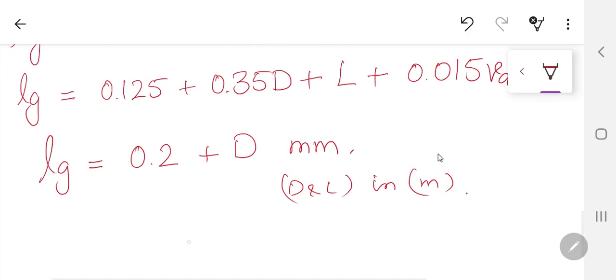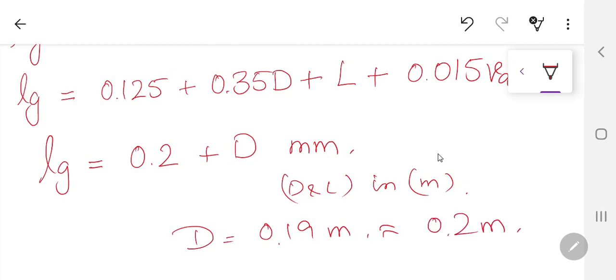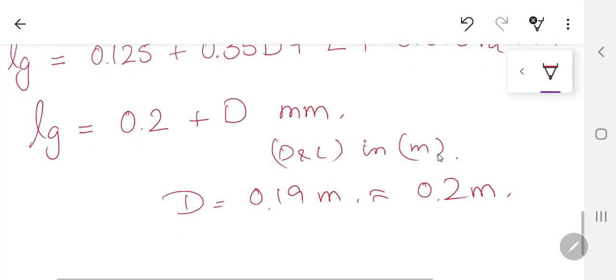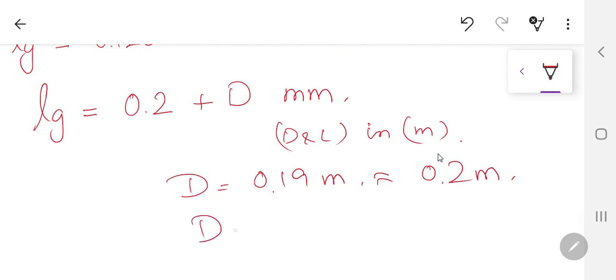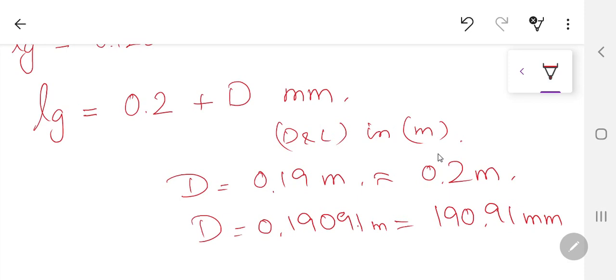For example, there was a d which was calculated as 0.19 meters. Now you cannot approximate it to 0.2 meters. This is a huge approximation. If this d was something like 0.19091 meters, you can take it to 190.91 millimeters, and then if you want to approximate it, you can call it 191 millimeters.